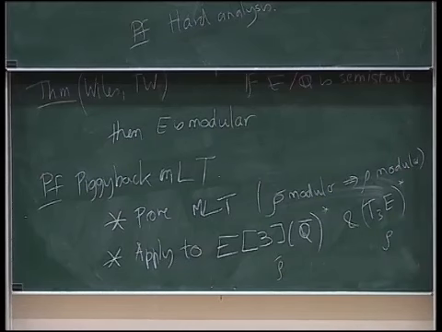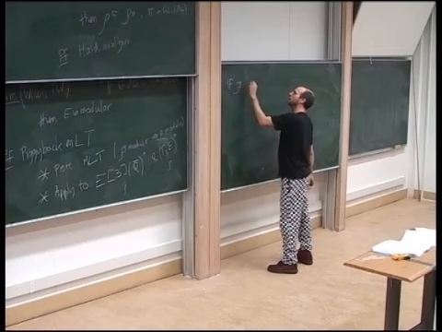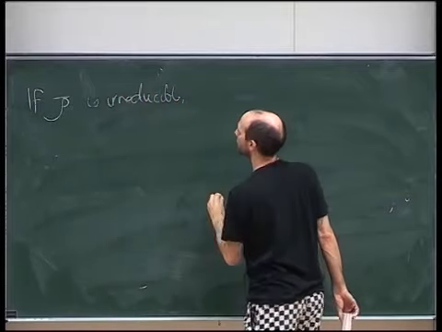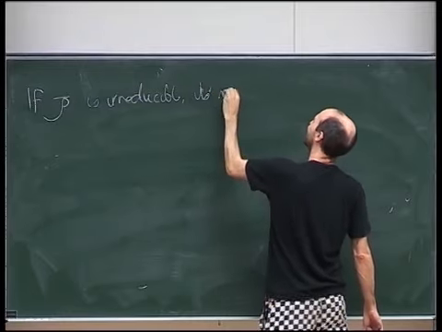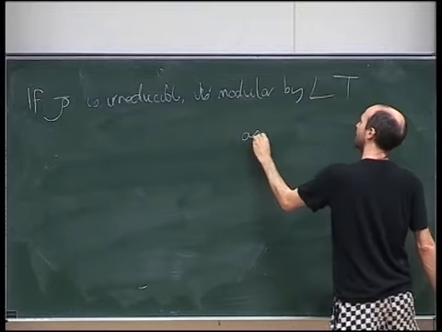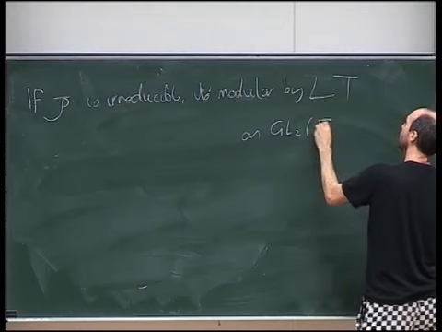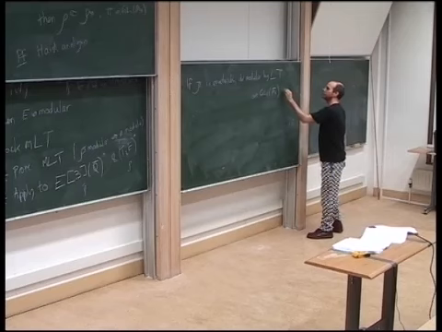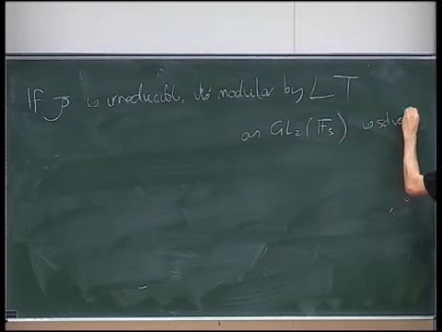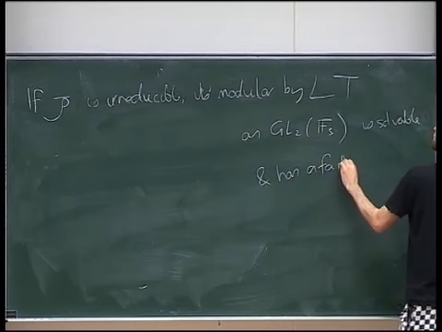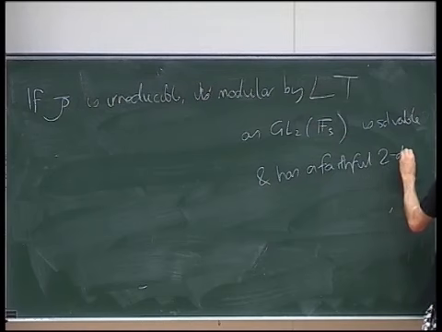If rho bar is irreducible, it's modular by Langlands-Tunnell, because GL2 of F3 is not only solvable, as I say, solvable isn't good enough, it also has a faithful two-dimensional representation, fortunately.